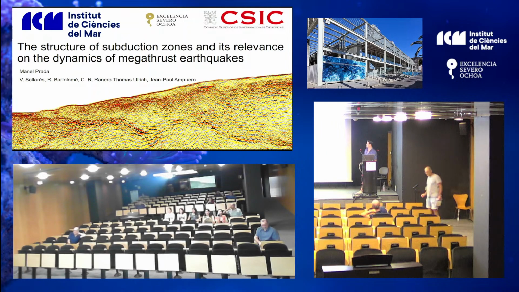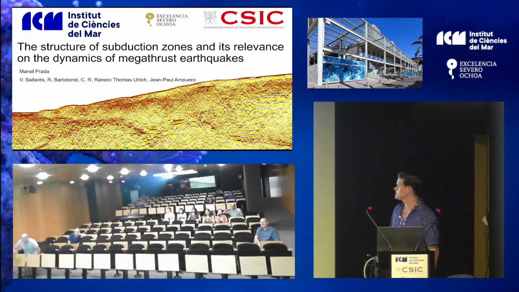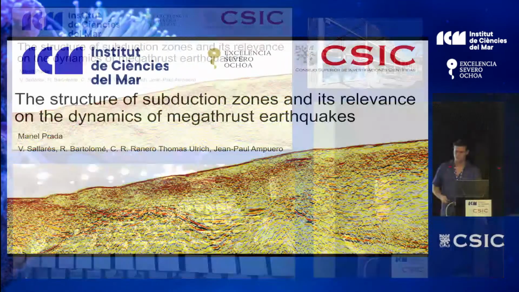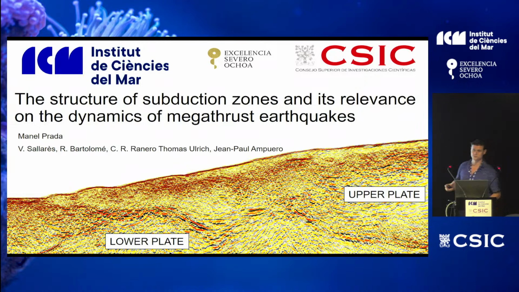So, as Rafa said, I'm going to be talking about subduction zones and megathrust earthquakes, as you can see in the title. But what are subduction zones and megathrust earthquakes? I will start with this image over here, which is basically a seismic section that shows the structure of a subduction zone right at the beginning of the process, where we can see the lower plate over here, the upper plate, and the plate interface shown by this red line.